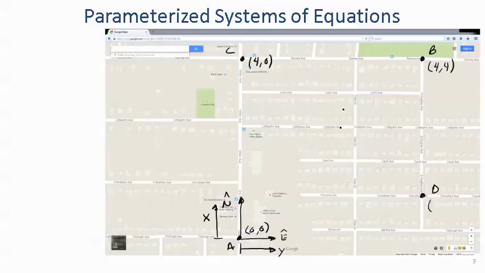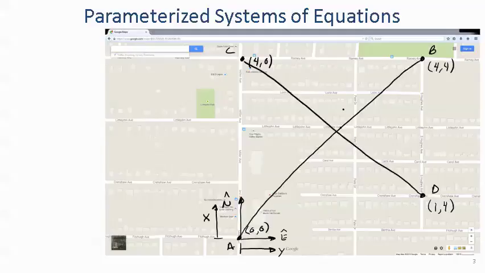And D was 1 in the x direction and 4 in the y direction, or north and east directions. So then our path went from A to B and from D to C. And we actually found the distance to this intersection point, which was 16 over 7 in the x and 16 over 7 in the y.